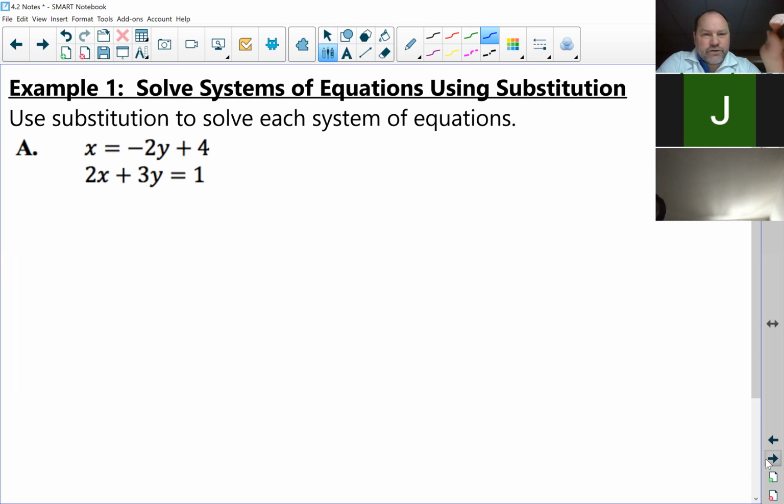So you can actually go to your participants, on the bottom there's a yes and a no that you could click on. So what do we have, an x equals or a y equals equation in our system?